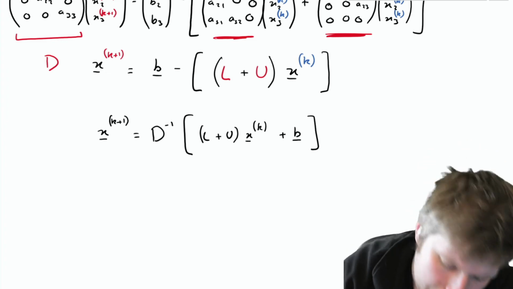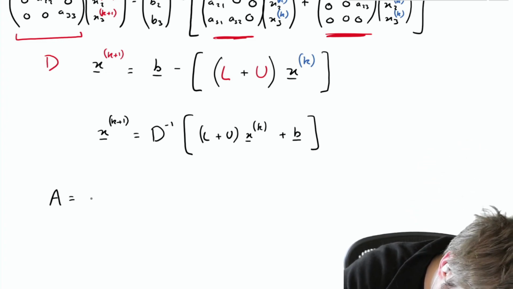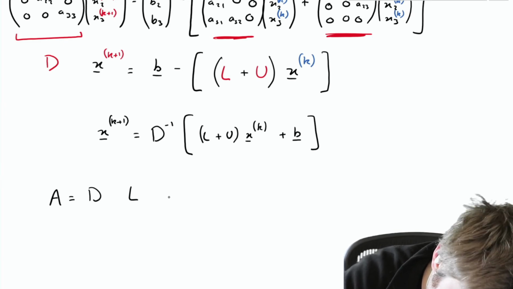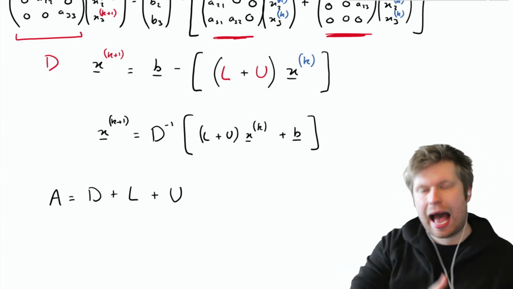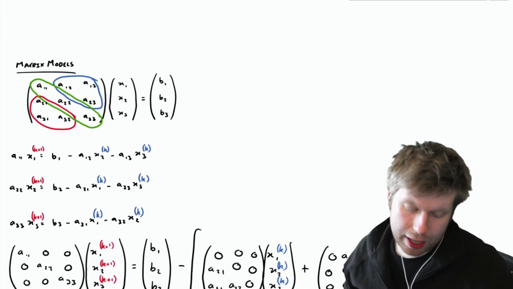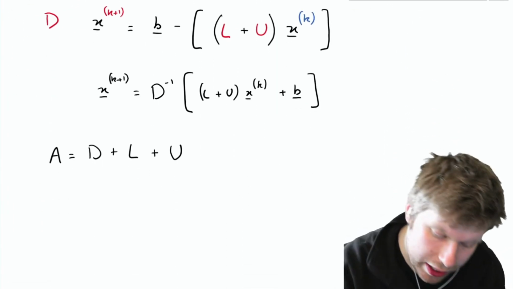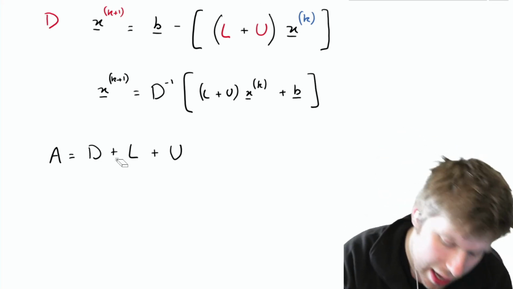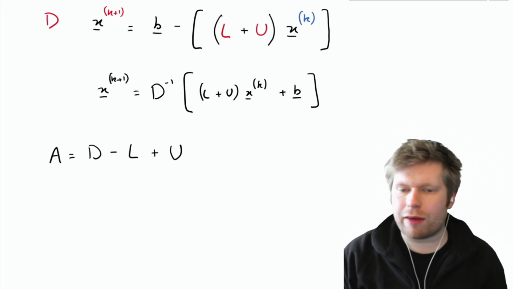Well, it's fine, because what I can do instead is I can say, look, my matrix A can be decomposed into a diagonal matrix, a lower triangular matrix and an upper triangular matrix. Ordinarily, I would have to add those three matrices together. That's just literally how I've read it off up there. However, because I want to get rid of these negatives going on the right-hand side, which just looks messy to me, I'm just going to make L the negative of whatever it was before.